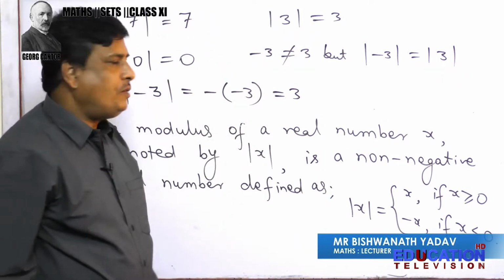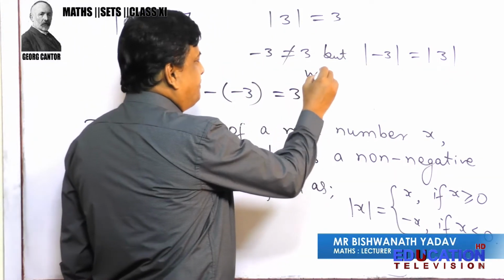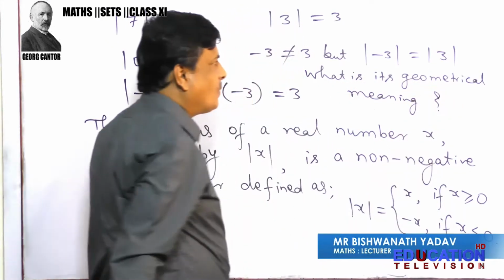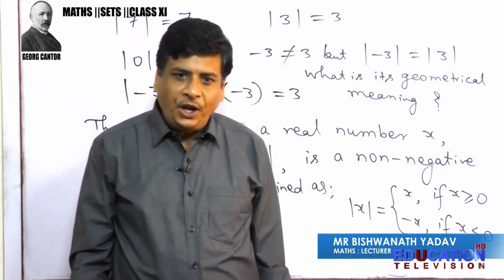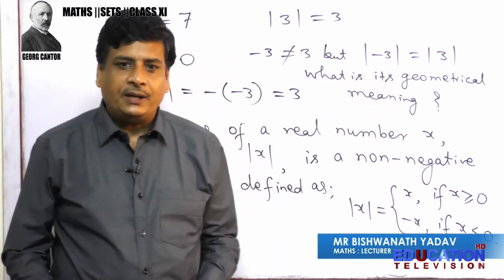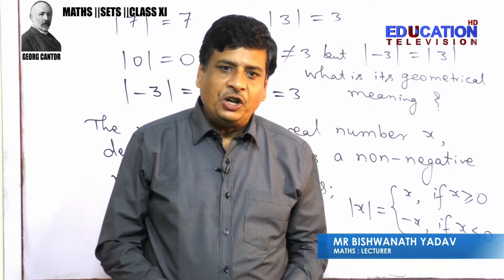What is its geometrical meaning? minus 3 भन्दा 3 डिफरेंट हो, तर modulus of minus 3 is equal to modulus of 3. What is the geometrical meaning of this?